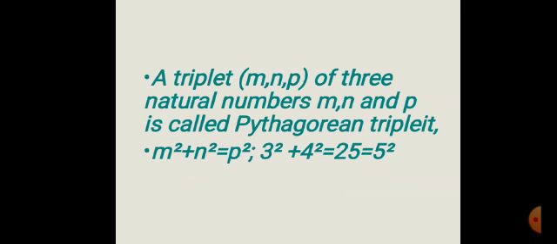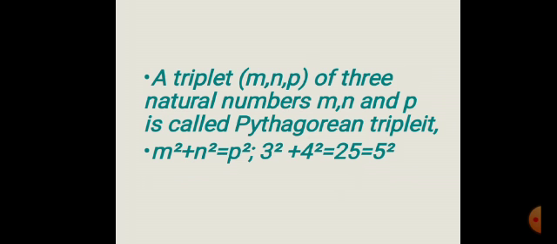A triplet m, n, p of three natural numbers m, n and p is called a Pythagorean triplet. The word Pythagorean triplet comes from the Pythagoras theorem. In the Pythagoras theorem, there is a right angle triangle and it has three sides.